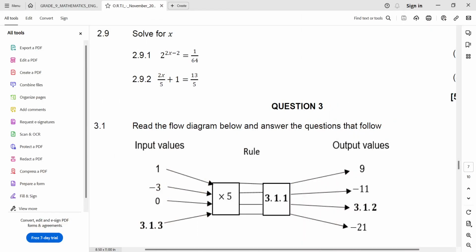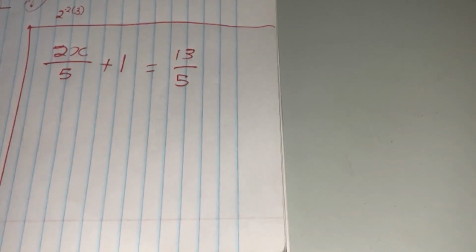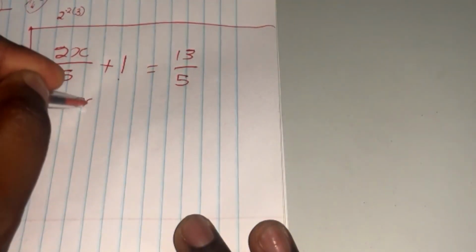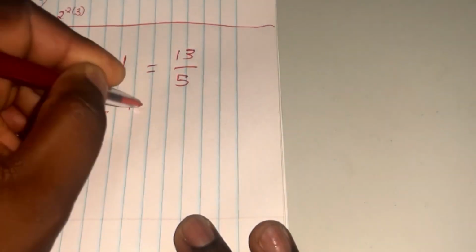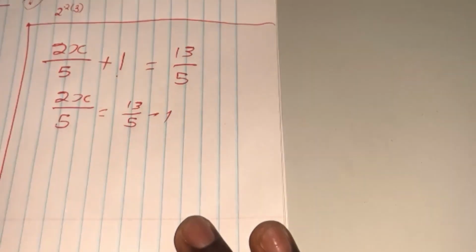Let's look at equation number 2. On equation number 2, we have the whole of 2x divided by 5 plus 1 is equal to 13 over 5. So how can we work on this one to solve for x? We get rid of plus 1 by moving it to the other side. We multiply it by negative, and it's going to give us 2x divided by 5 is equal to 13 divided by 5 minus 1.